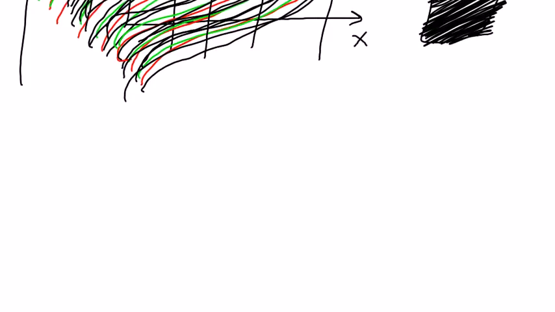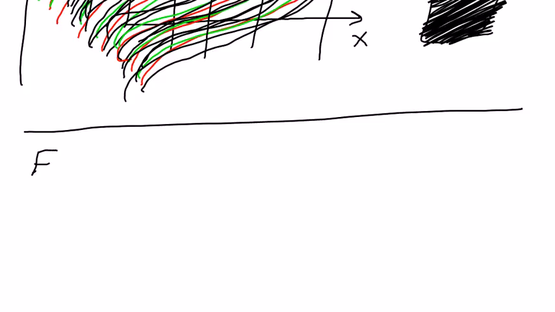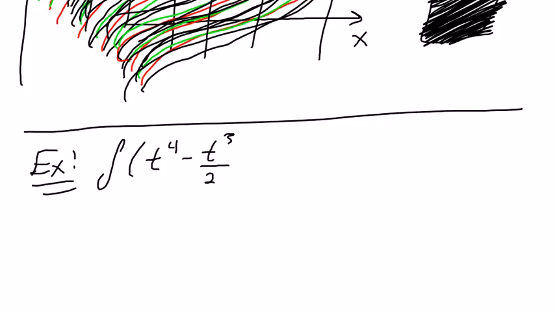After that being said, let's go over an example of how to solve an indefinite integral. So you have an integral of this function: t to the power 4 minus t to the power 3 over 2 plus t to the power 1 over 4 minus 2. What this is going to do, same as we said, is simply take the antiderivative of each piece.